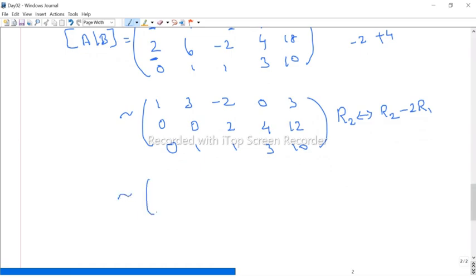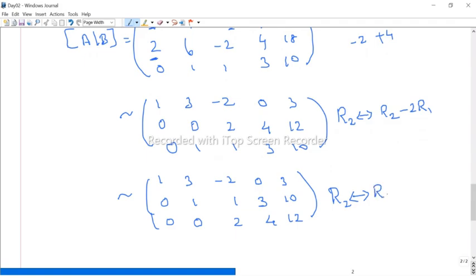Interchanging rows is also an elementary row operation. So we interchange R2 and R3.